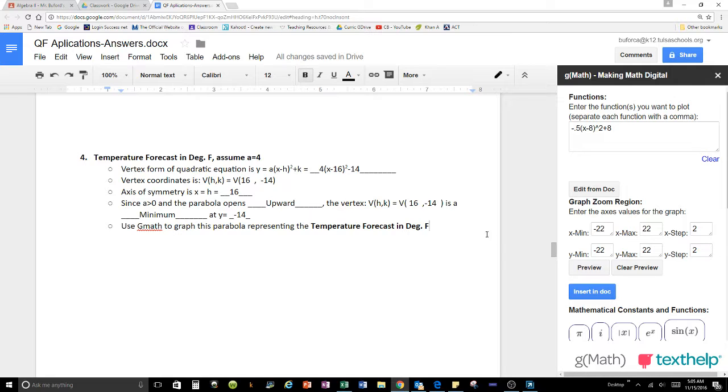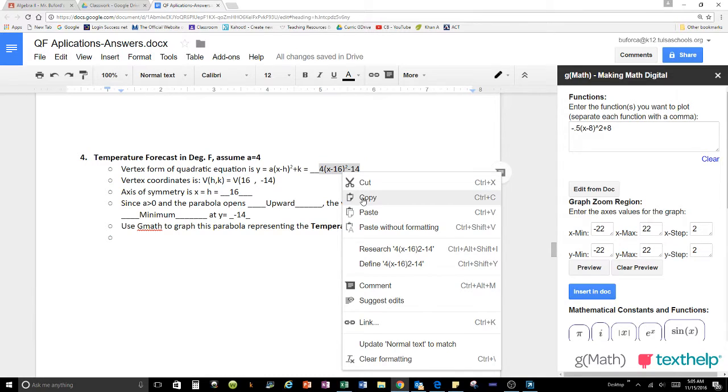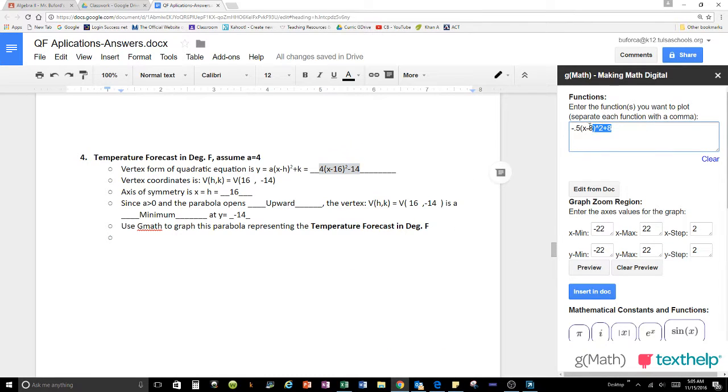Okay, so now we need to graph this. So let's just take this formula here, put it up here. Just come in here and put in shift 6. Hit the insert dot.